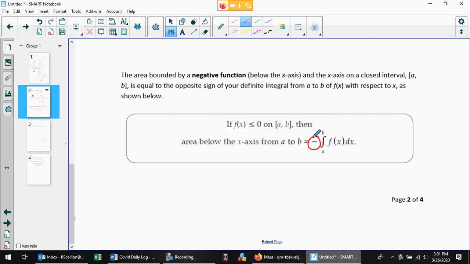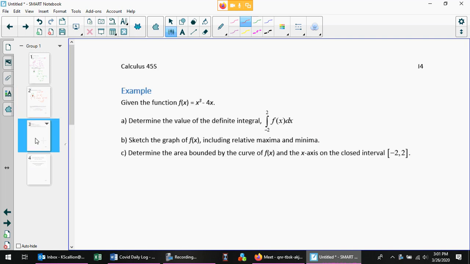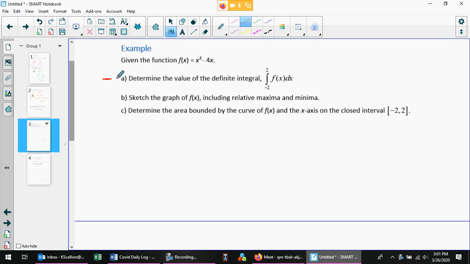All right, page 3. Things get serious. All right, cubic function. So we're going to do it algebraically, and then we're going to do it graphically. Yick. No, we're going to graph the thing. Okay, so let's look at this. We're going to do this like it's I3.